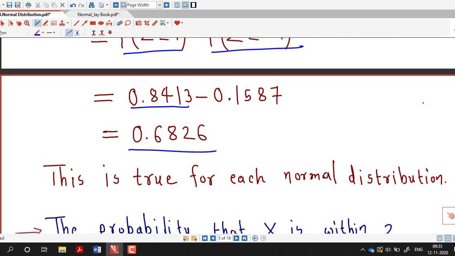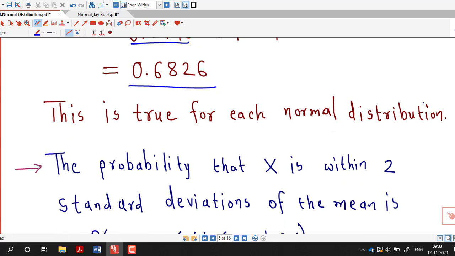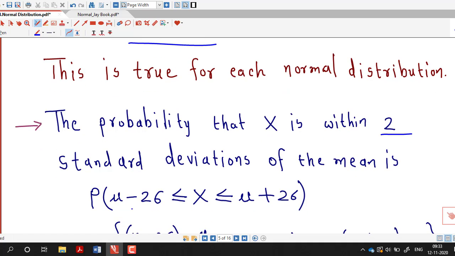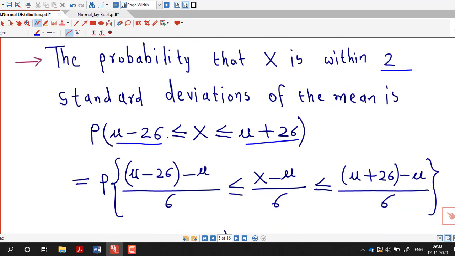Similarly, we can find out the probability that X is within two standard deviations of its mean value. So that is nothing but capital X lies in between mu minus 2 sigma to mu plus 2 sigma. If we standardize, we have to subtract mu and divide by sigma for each of these three values. So mu will cancel out. Here we will have minus 2 sigma over sigma, that will be minus 2. This will be Z, and here also we will obtain 2.